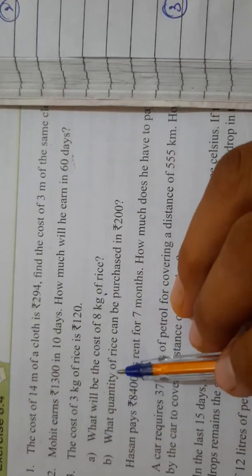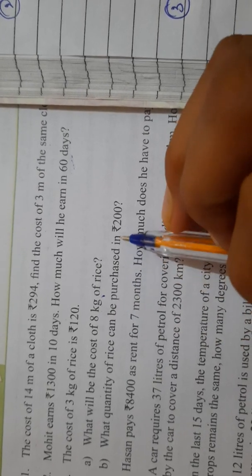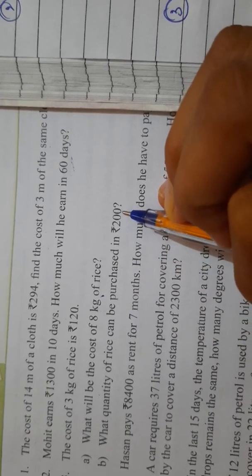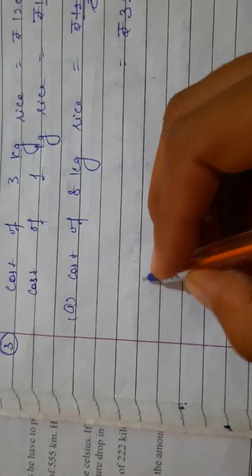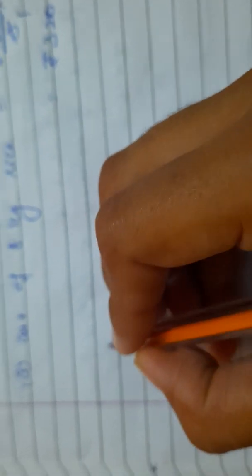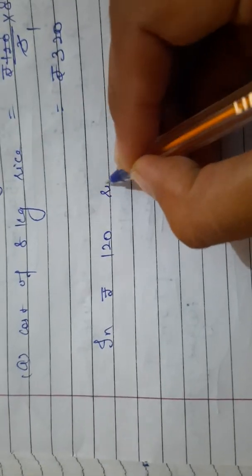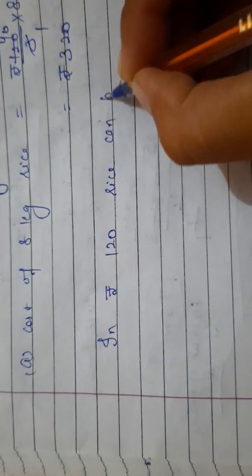That was part A. Part B: they ask what quantity of rice can be purchased for 200 rupees. So we can write here: for rupees 120, 3 kg of rice can be purchased.